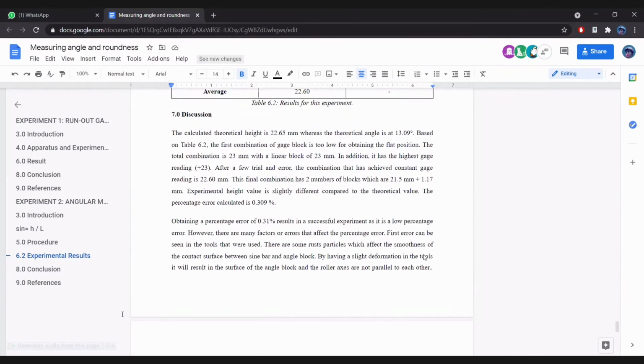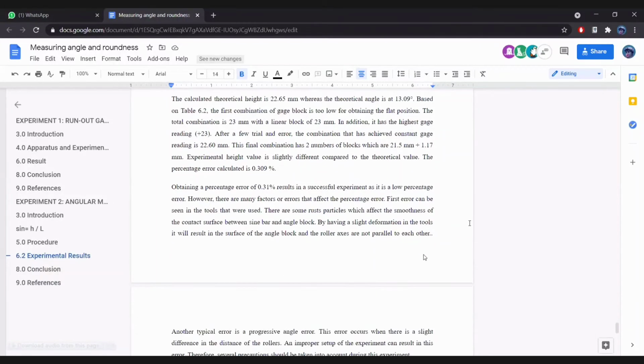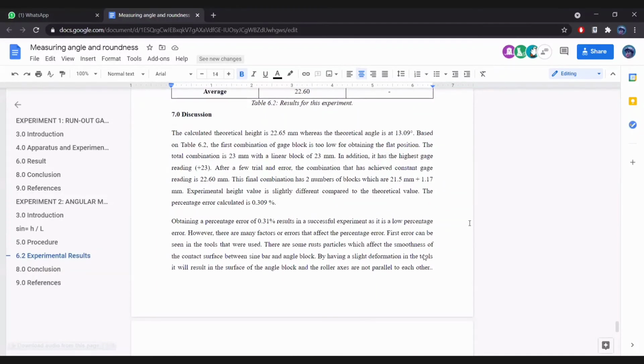So thank you, Akim. I will proceed to the discussion. The theoretical height that we get is 22.65 millimeter, and the theoretical angle is 13.09.